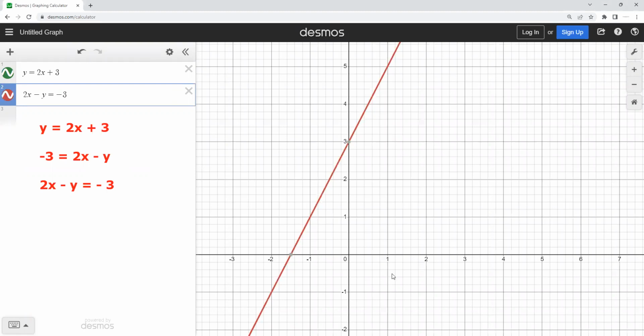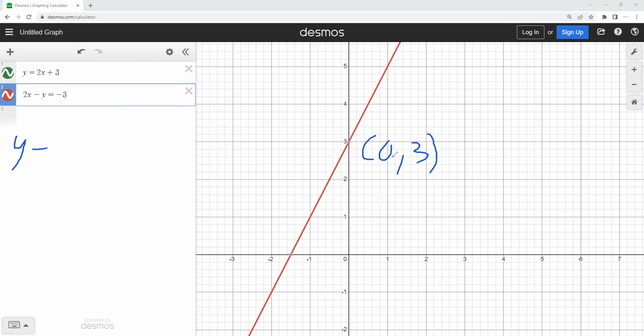I can also put this in point slope form. Point slope form is your y minus your y1. Let's say we'll just use this point, 0, 3. y1 is 3, equals my slope, which is 2, and then x minus the x value.